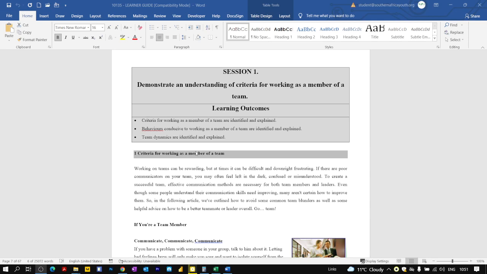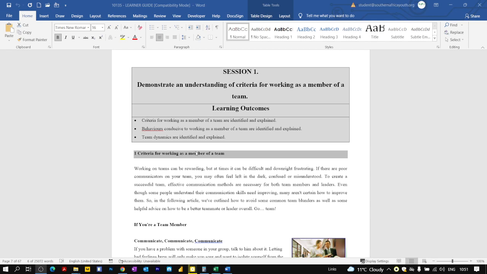So the first thing we're going to look at is the criteria for working as a member of a team. From experience, I'm sure you have realized that working on teams can be rewarding, but at times it can also be difficult and frustrating. If there is poor communication on your team, you may often feel left in the dark, confused, or misunderstood. So to create a successful team, we need to communicate effectively with the team members and the team leaders.